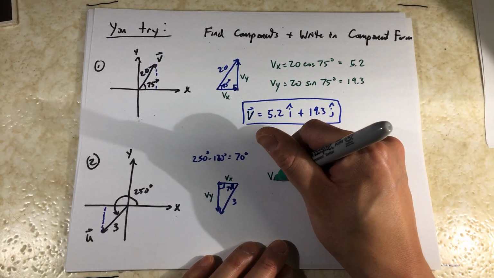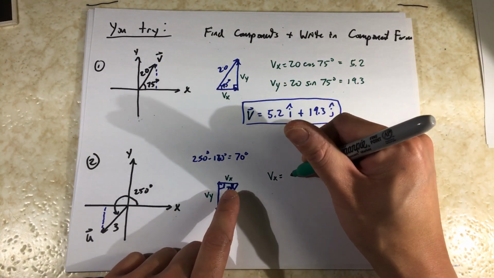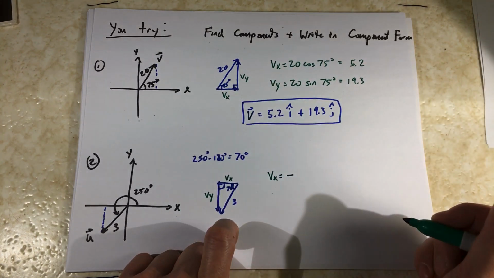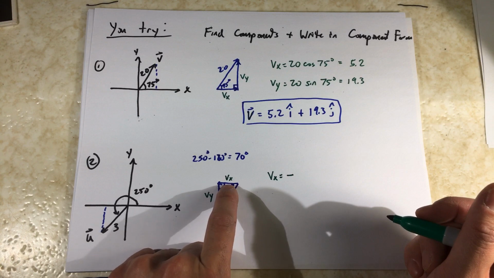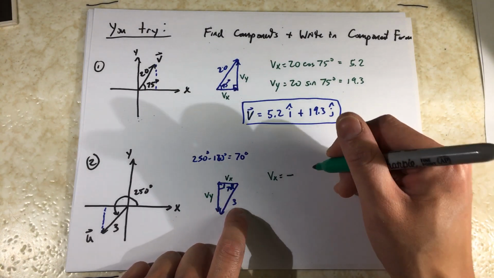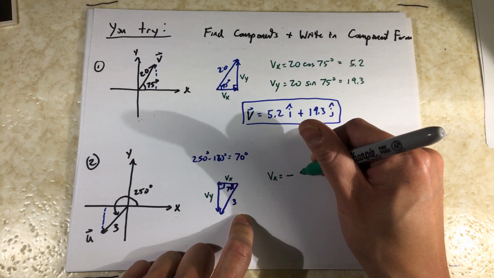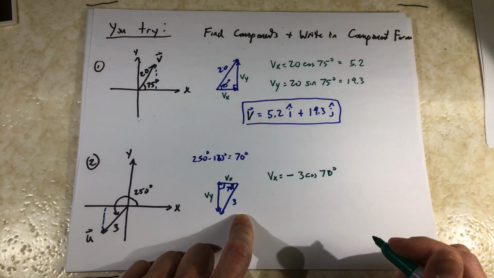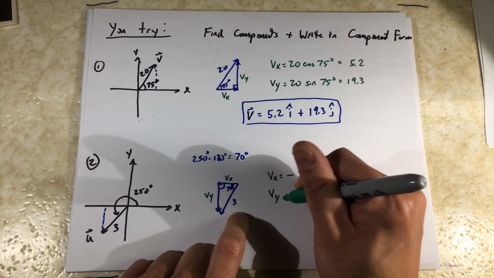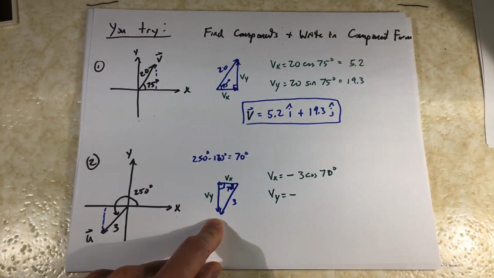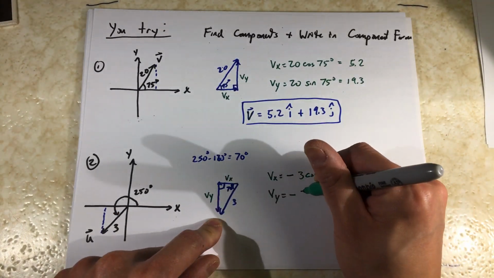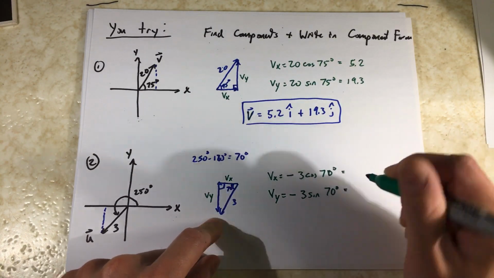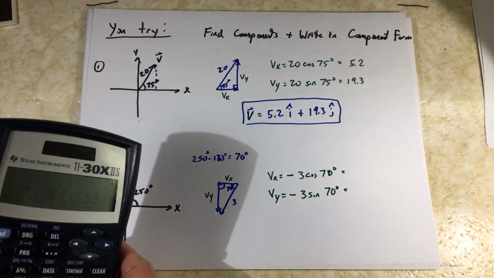Now I notice that Vx goes to the left and Vy goes downward. So when I do this calculation, I'm going to put in an extra minus sign for both of these. Vx goes to the left, so I put a minus sign there, and this is the adjacent side, so that's hypotenuse cosine 70. My Vy goes downward, so I put a negative sign, and I get 3 sine 70 degrees. Let's calculate those.